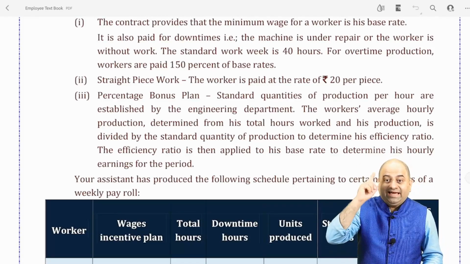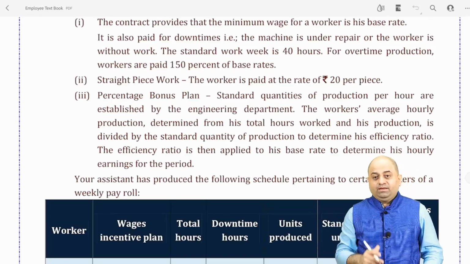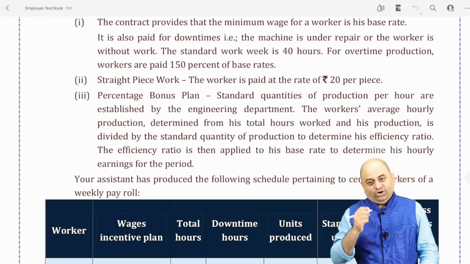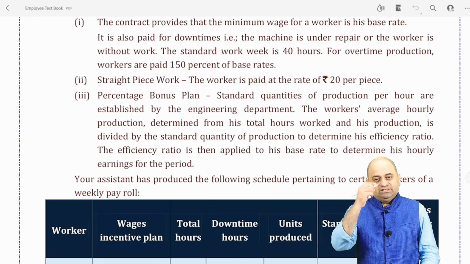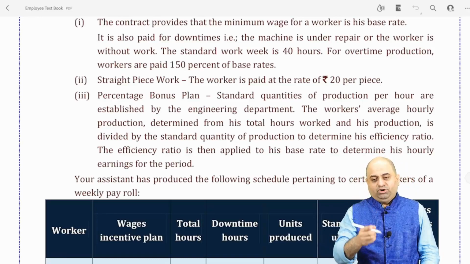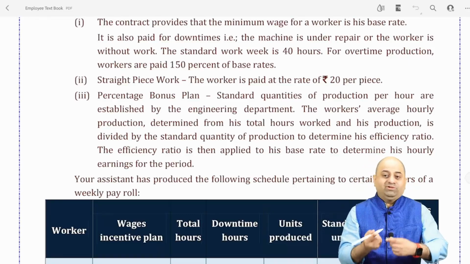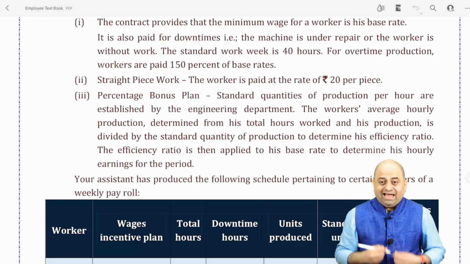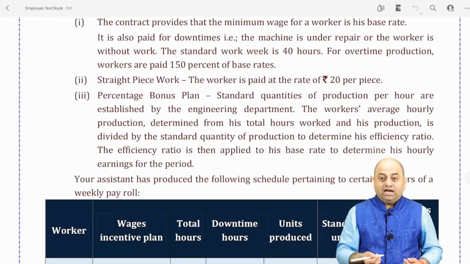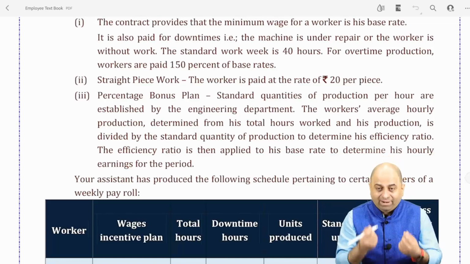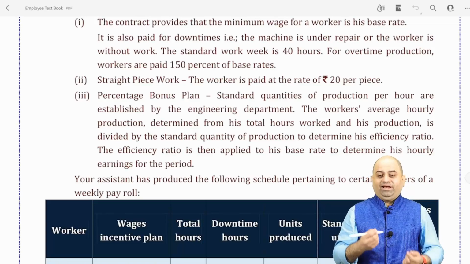You are calculating efficiency. Data must be made comparable, my dear friends. Don't forget to calculate standard production per hour. That will give you efficiency ratio, which you will then apply to base rate to calculate rate per hour under percentage bonus plan.